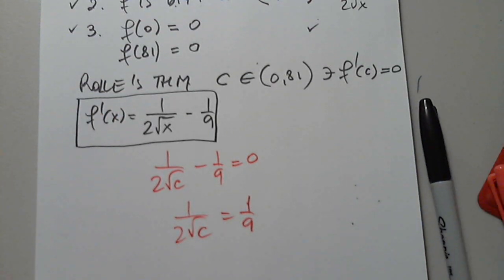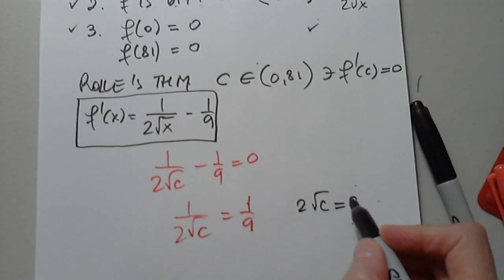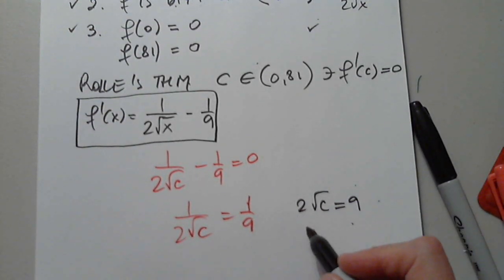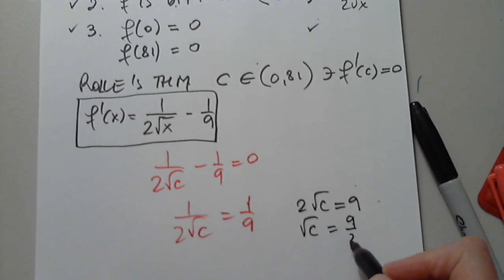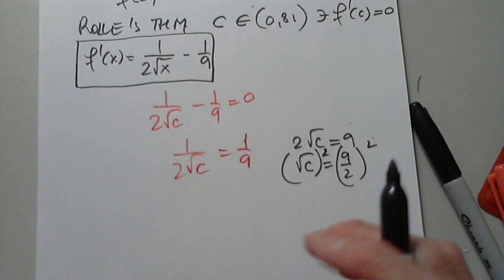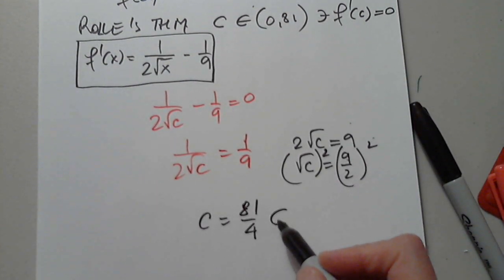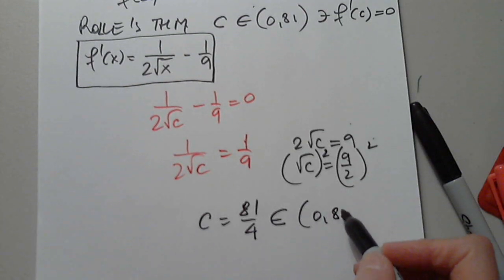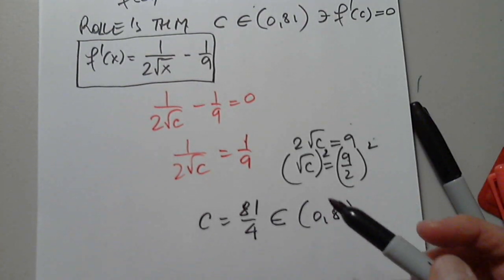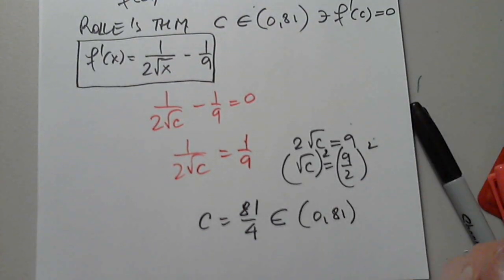So 2 the square root of C equals 9. I have to divide by 2, and I have to square to get C. So C equals 81 over 4. Does this belong to 0 to 81? Of course. It's 20.25.